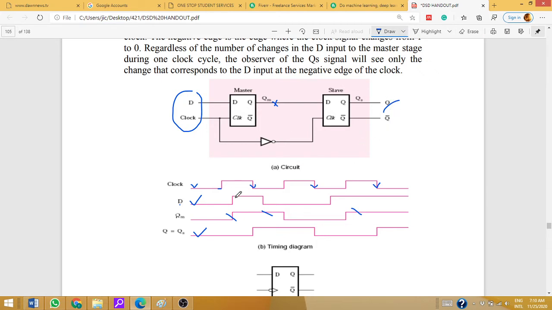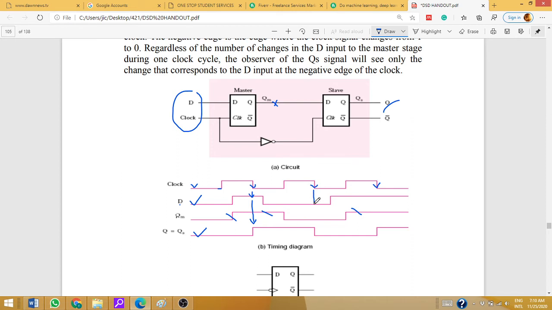If you see, whatever is coming on the negative edge of the clock, for example, what is the value of D? At this falling edge, the D value is high, and here it is changing. So we can say the output changes during the negative edge of the clock, or falling edge.